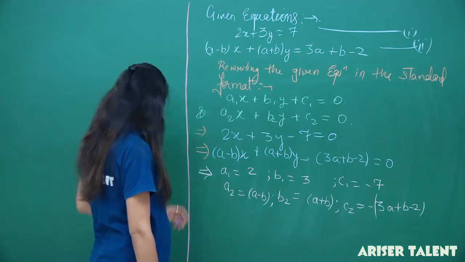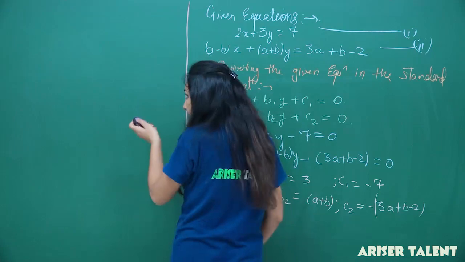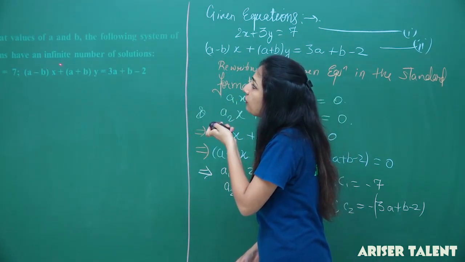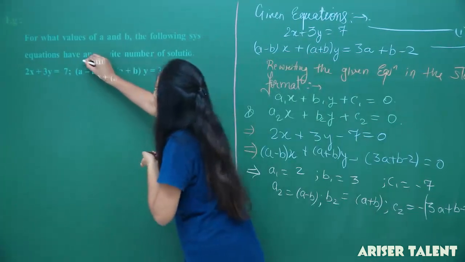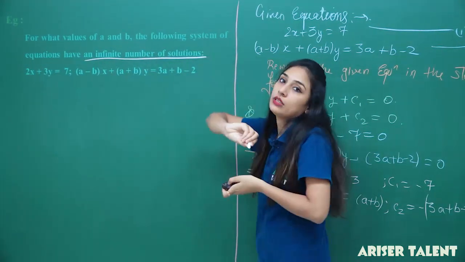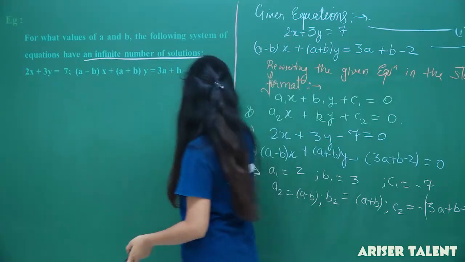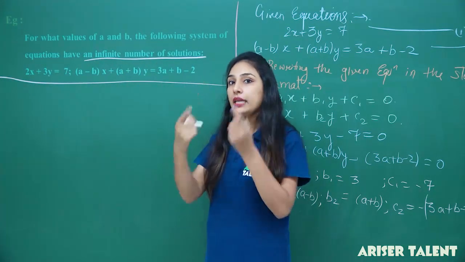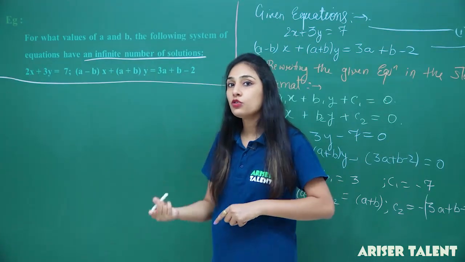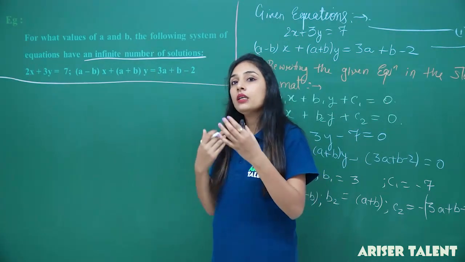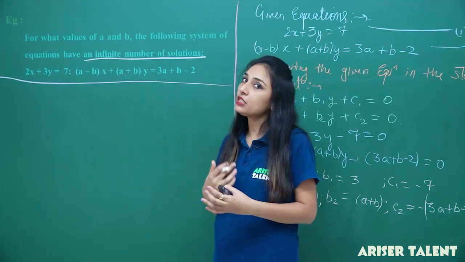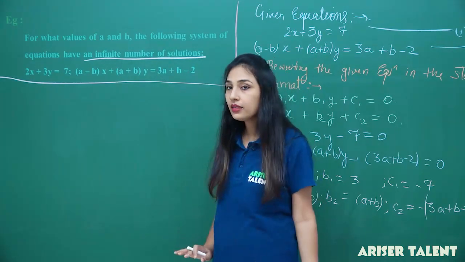Now, look at the question here, students: for what values of a and b does the following system of equations have an infinite number of solutions? For an infinite number of solutions, a1 by a2 should equal b1 by b2, which should equal c1 by c2. So should I apply this?